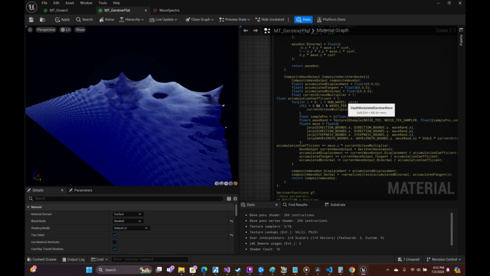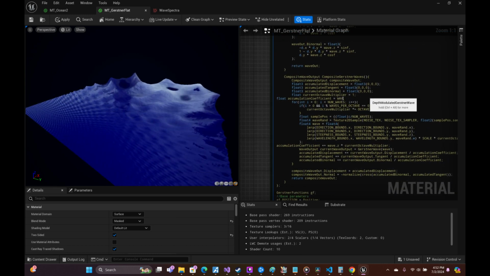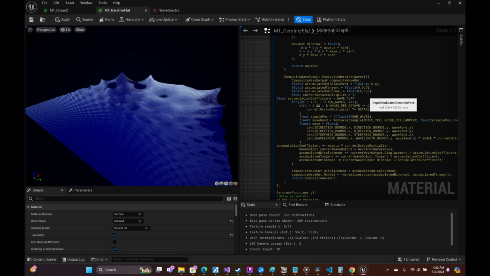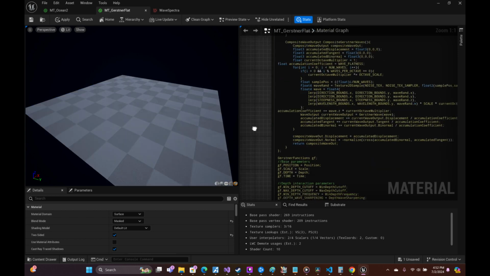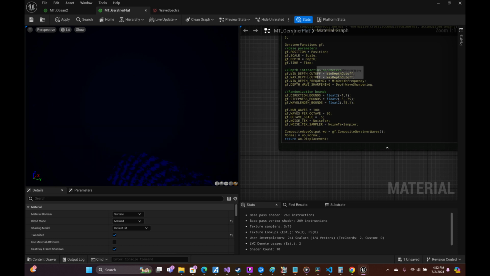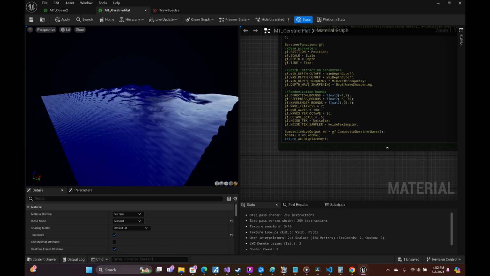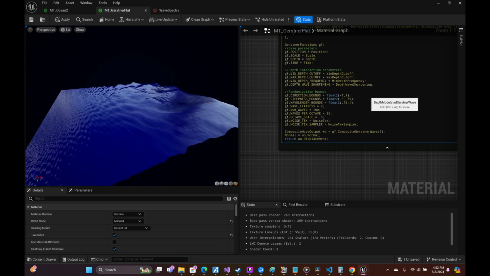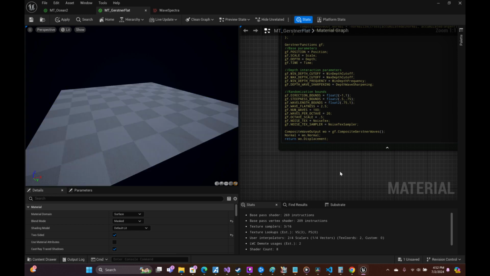We'll set this equal to wave flatness, and we'll set gf dot waveness equals 2, 0.5.